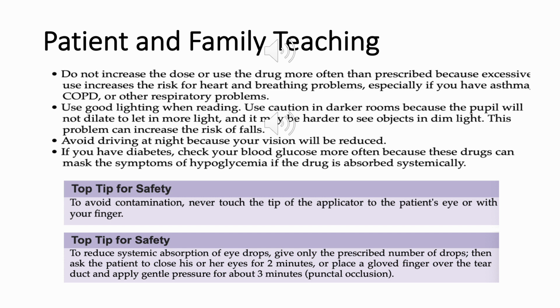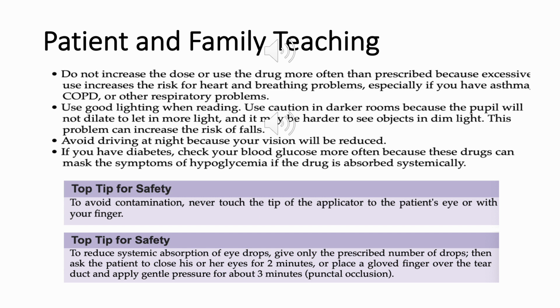Determine whether the patient is also taking oral beta blockers to control blood pressure or other heart dysrhythmia. If so, notify the healthcare provider to ensure he or she is aware of the oral drug before giving the eye drops. Ophthalmic beta blockers may increase the risk of expected side effects and adverse effects of the oral beta blocker.